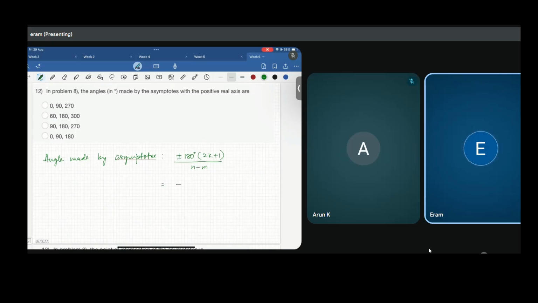So for our case it is 180 divided by 3, that is the odd multiples of 60 degree.